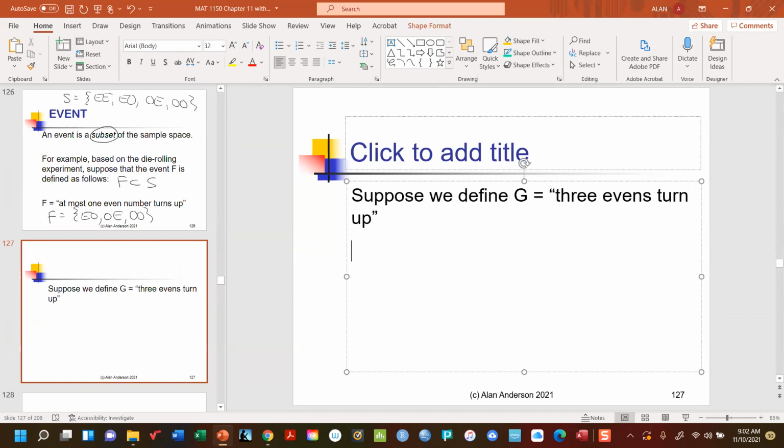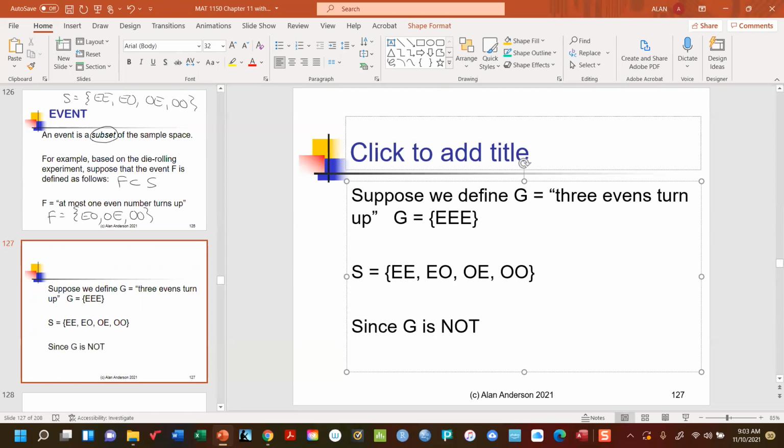And that would mean G equals EEE. Now, if you recall, the sample space is EE, EO, OE, and OO. Since G is not a subset of S, G is not considered to be an event.